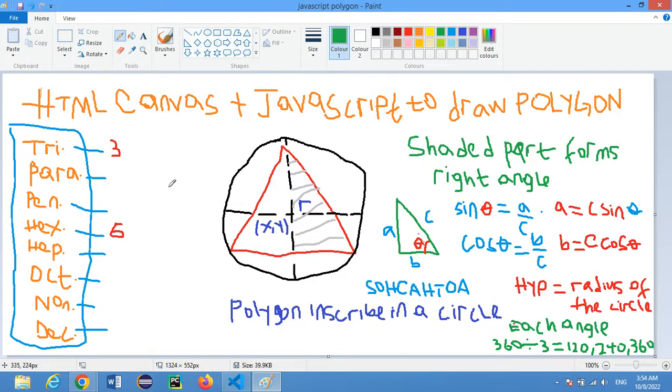Before we go into coding, I want you to understand the mathematical concepts behind a triangle. For example, here's a triangle which has three sides.